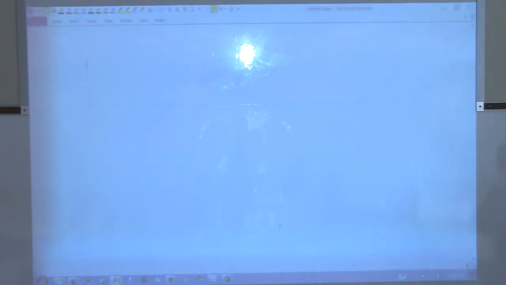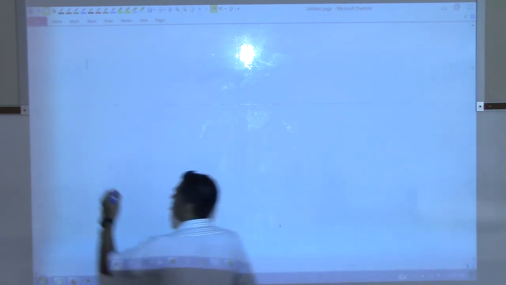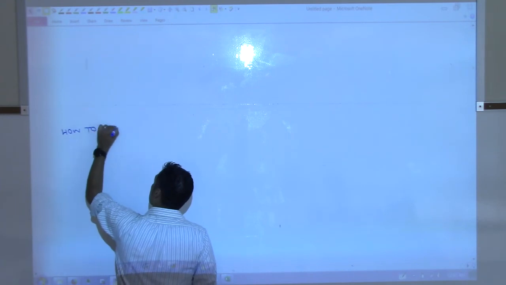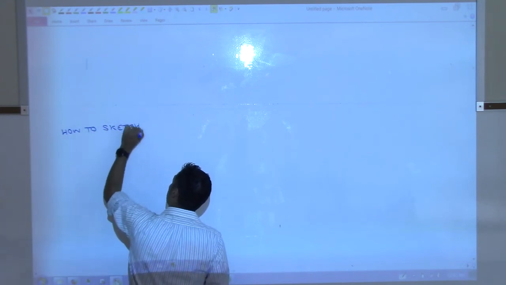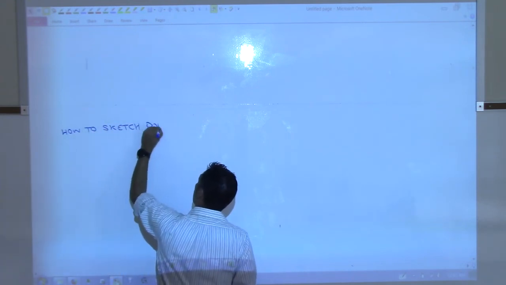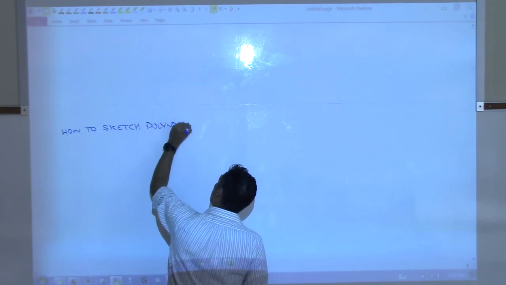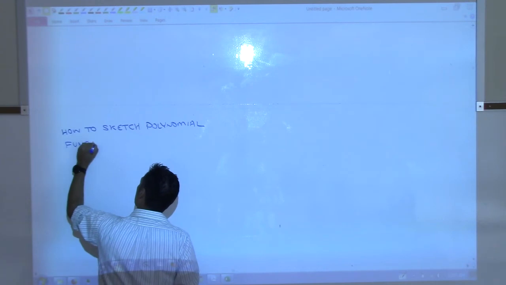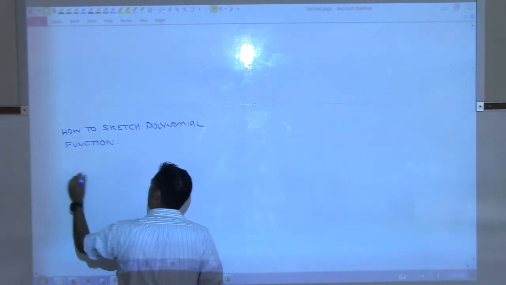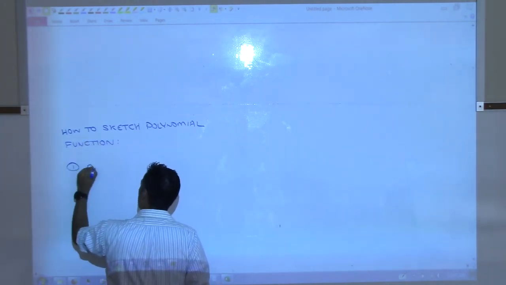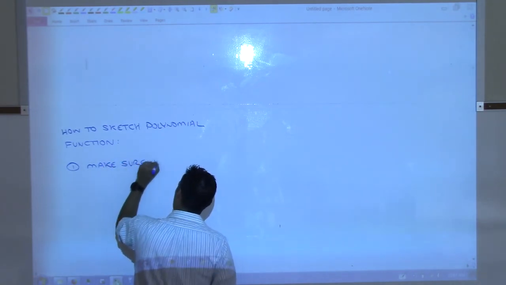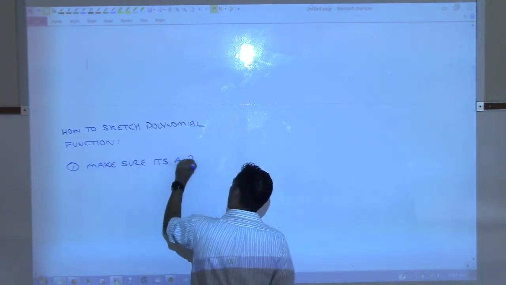All right, so here are the steps. Sketching polynomials. How to sketch a polynomial. First step, make sure it's a polynomial.